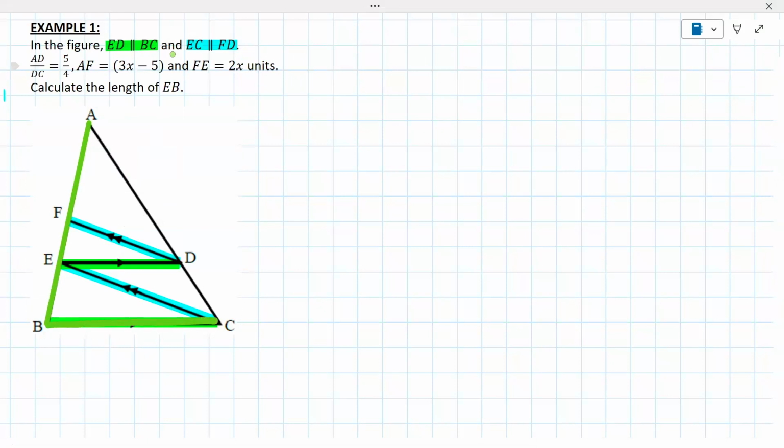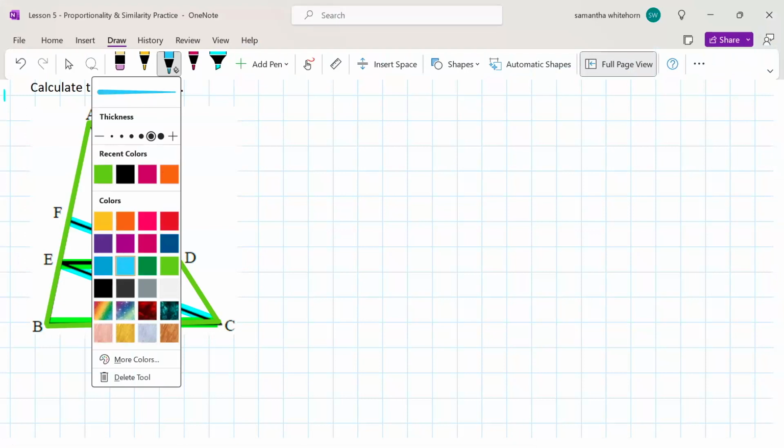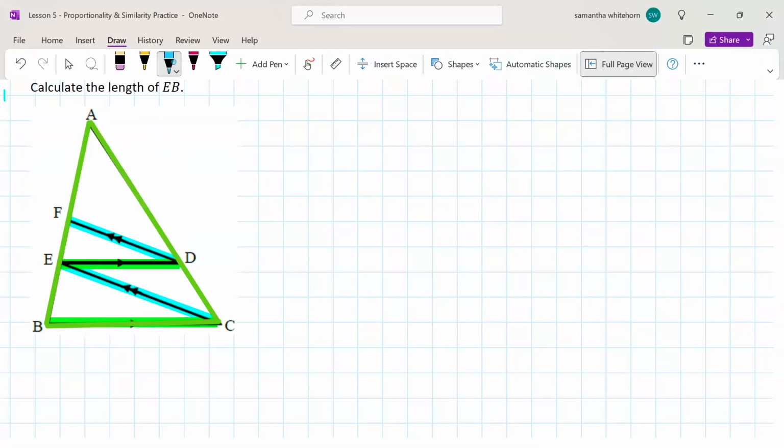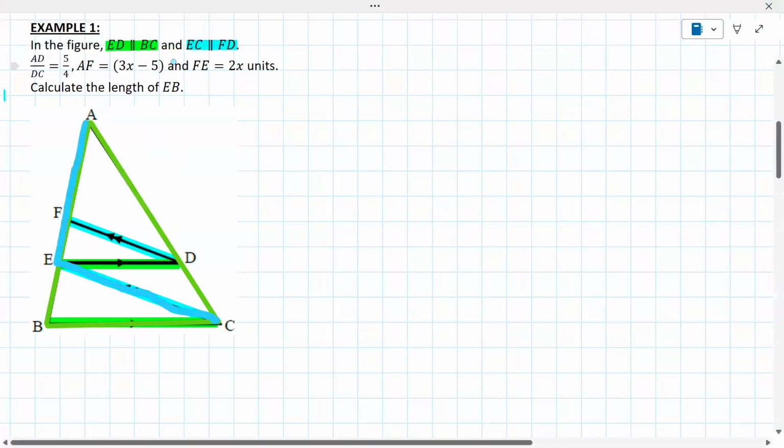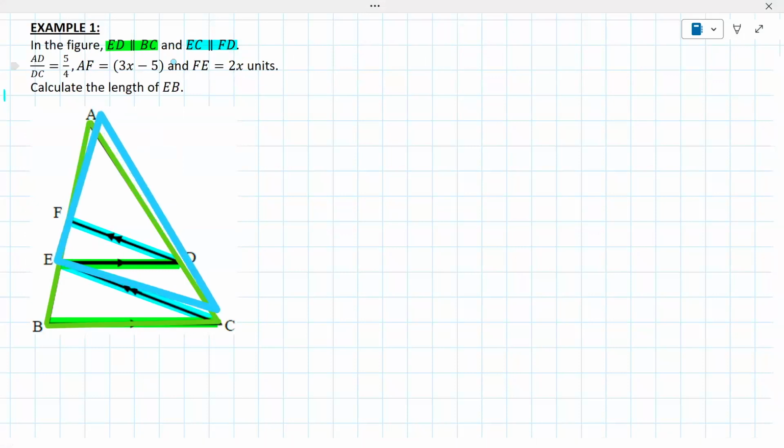So the green triangle over here. But if, however, we're going to now work with the blue parallel lines, we are now working in triangle ABC. The blue triangle that's really not very well drawn.